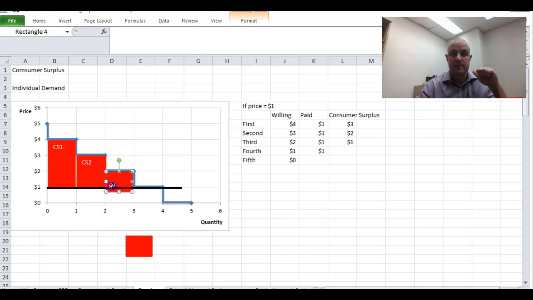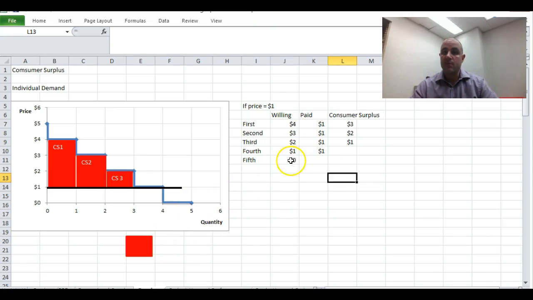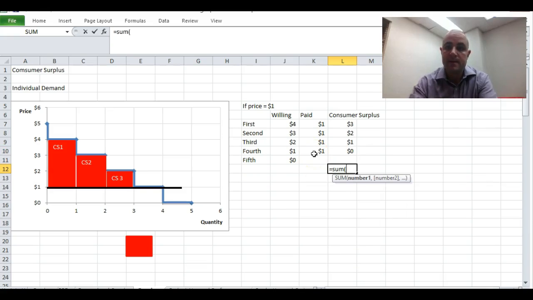This is the consumer surplus of the third unit. Now for the fourth, was willing to pay $1, did pay $1, still going to buy it because this fourth one is still worth it, but not going to get any benefit from that.